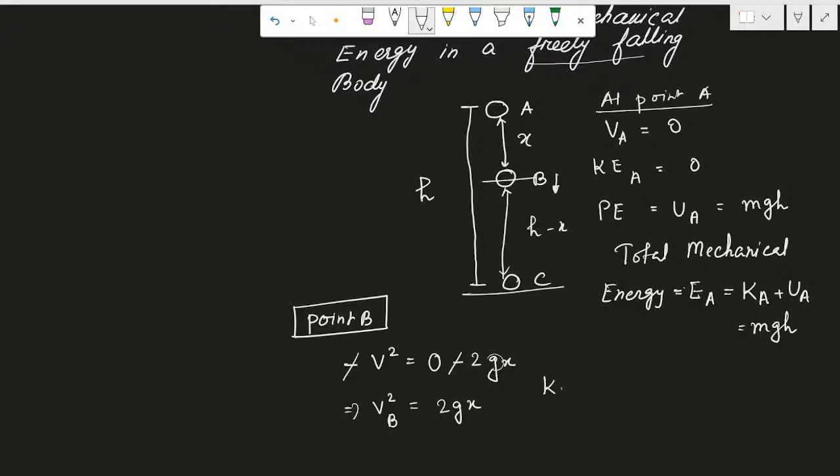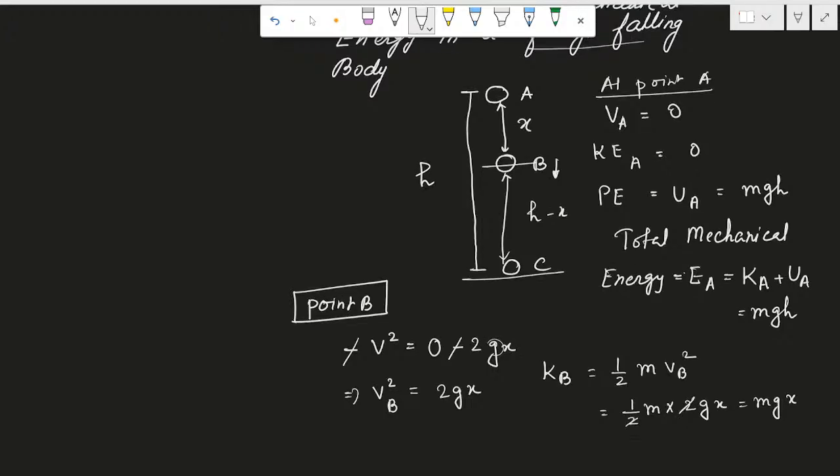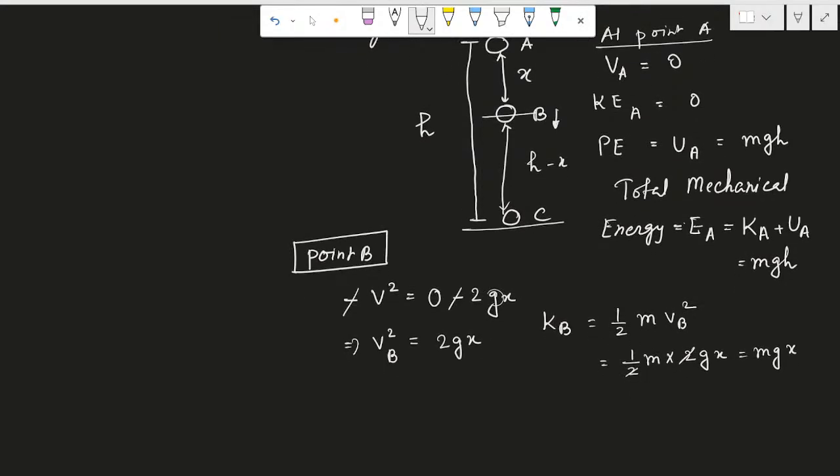So KB, kinetic energy at B, is half m into VB square, so it is half m into 2gx. So you get mgx. Okay, so this is your kinetic energy.